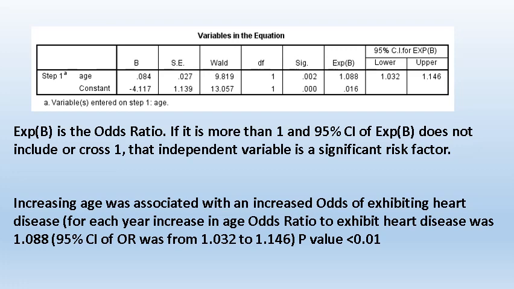For each year increase in age, the odds ratio to exhibit heart disease was 1.088. The 95% confidence interval of the odds ratio was from 1.032 to 1.146, and the p-value was less than 0.01. So it is statistically significant.